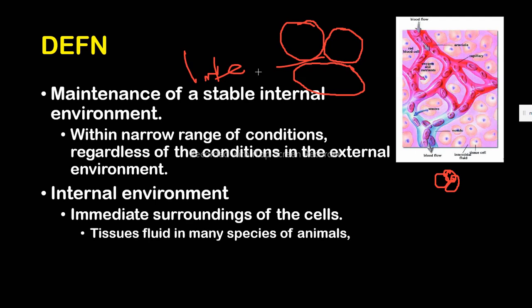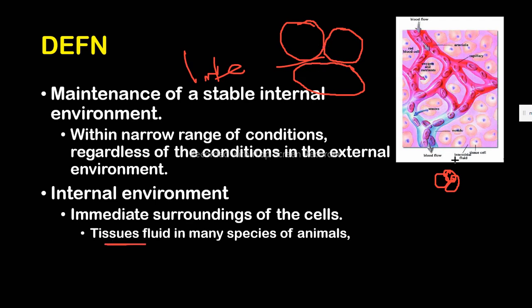Intercellular spaces are not just space. They are filled with water, and not just water, but water with dissolved solutes. It is this fluid that makes what we call the tissue fluid.